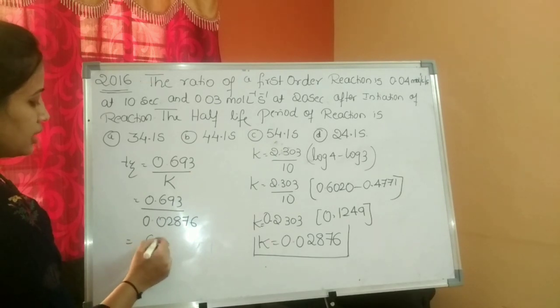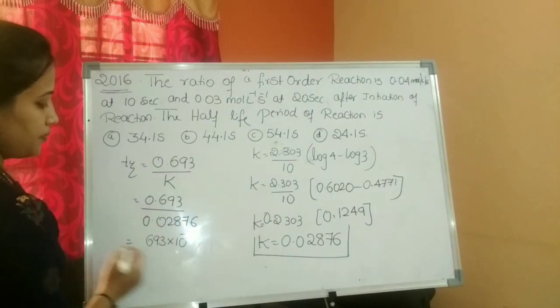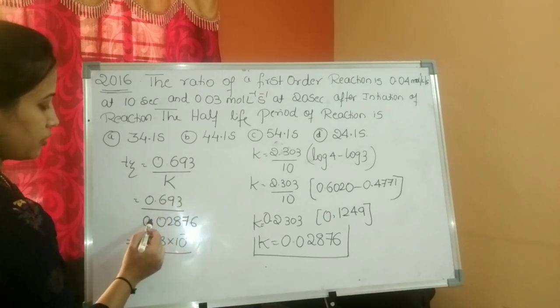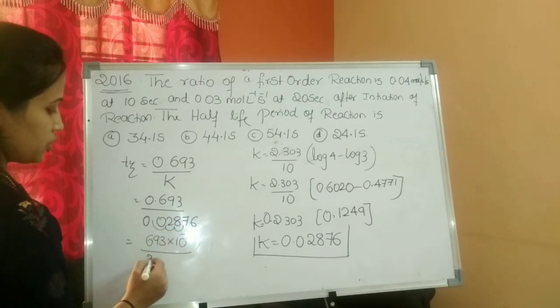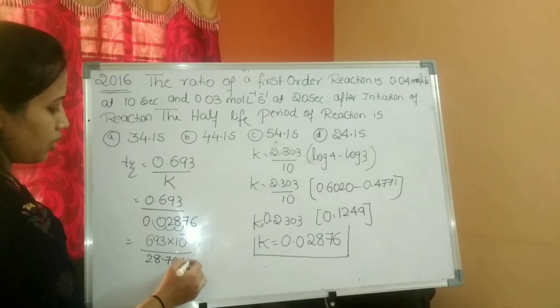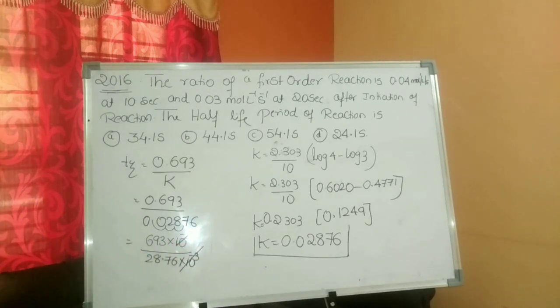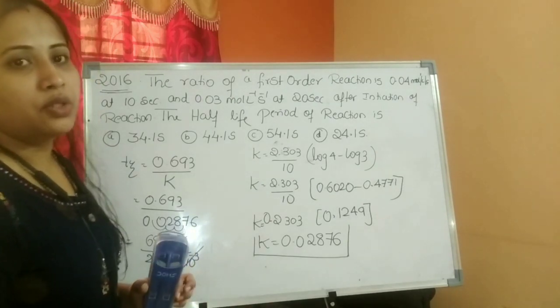So can I write 693 into 10 to the power of minus 3? Yes. Similarly, shift that much of point over here, 1, 2, 3. So it happens to be 28.6 into 10 to the power of minus 3. So both will get cancelled. I am just showing how we can simplify the calculation.